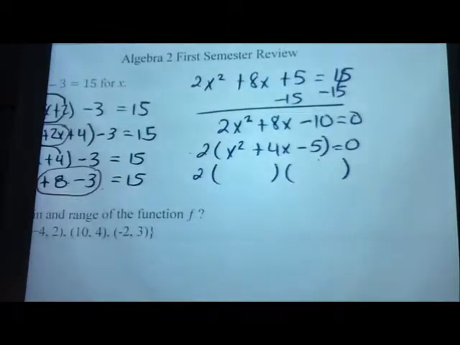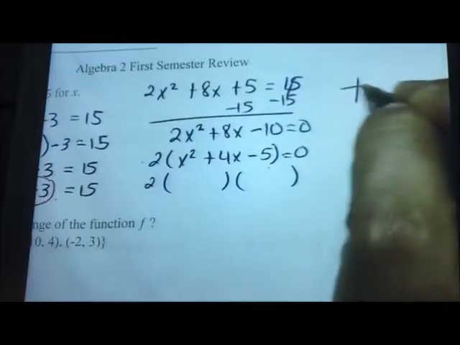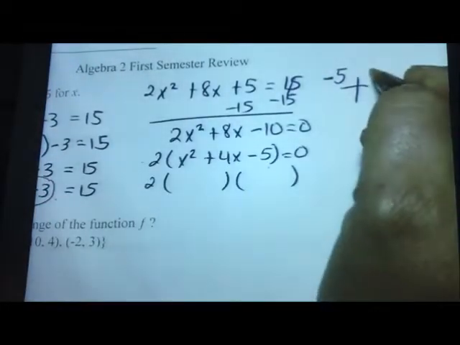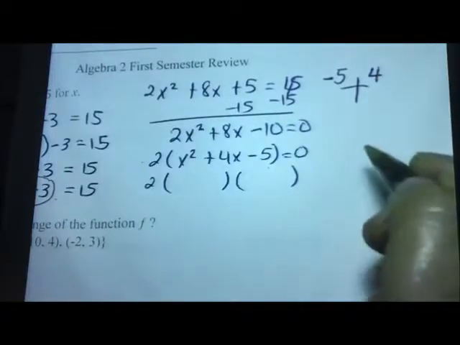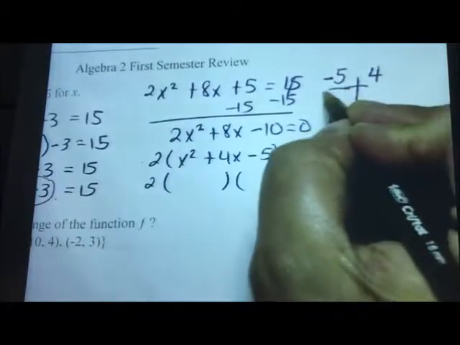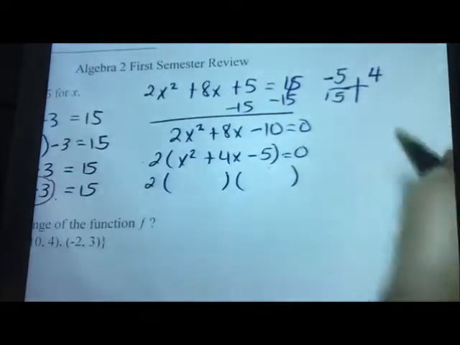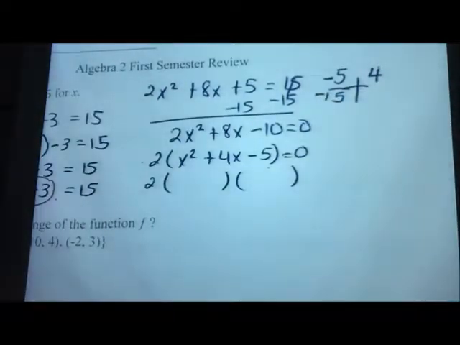Now remember, how do we figure out what those 2 numbers are? We look for the factors of the last number, which is -5, that add up to the middle number, which is a 4. So the only way I could get a 4 is by doing a 1 and a 5. Because I need a positive 4, that means my 1 should be negative.